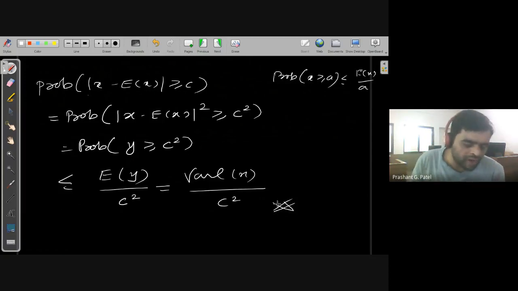So the law of large numbers follows from the Chebyshev inequality together with a fact about independent random variables that we require. So let us recall some results from statistics.